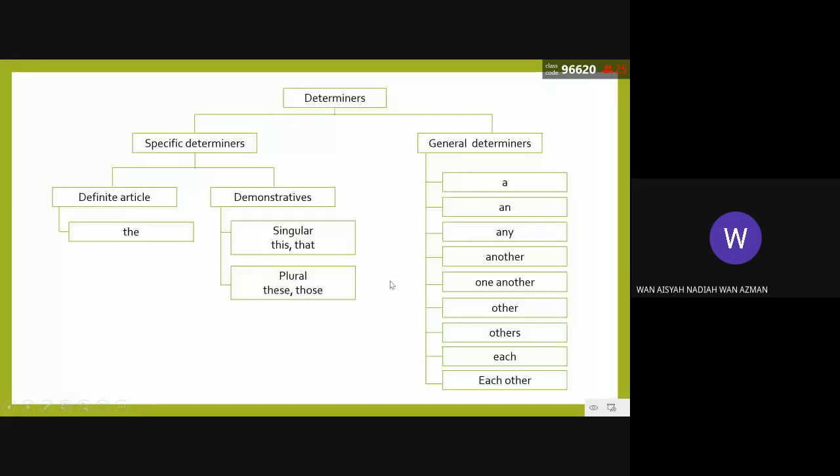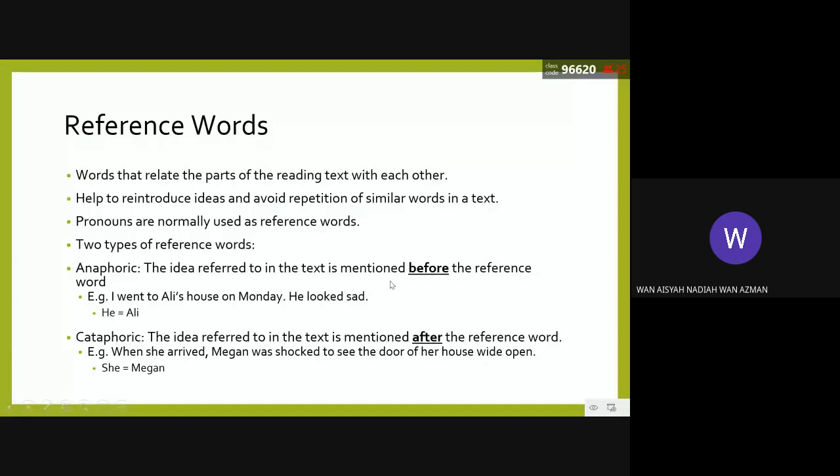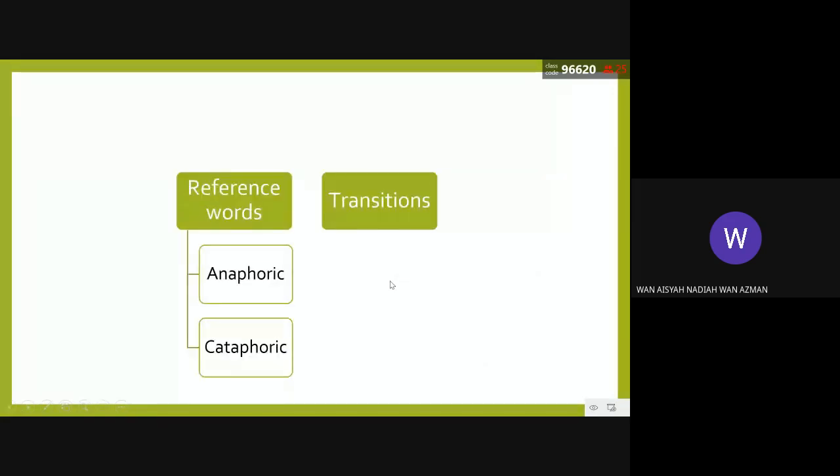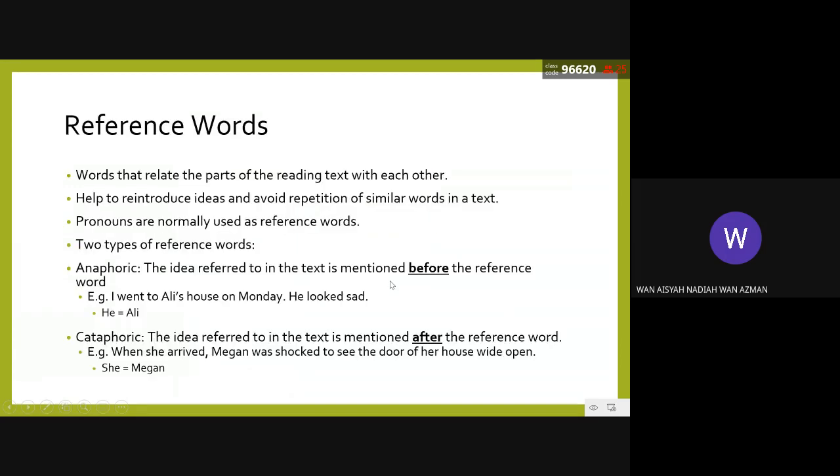So remember, for the reference words, we have two types: anaphoric and cataphoric. Anaphoric reference is a word that refers to the previous idea or person or thing in the text for its meaning. Meanwhile, a cataphoric reference is a word that refers to the idea that comes later in the text, meaning that the reference word must appear first.